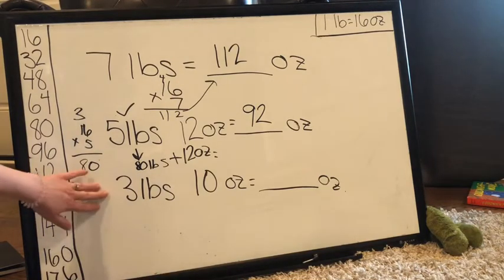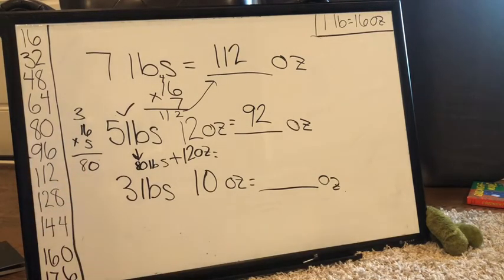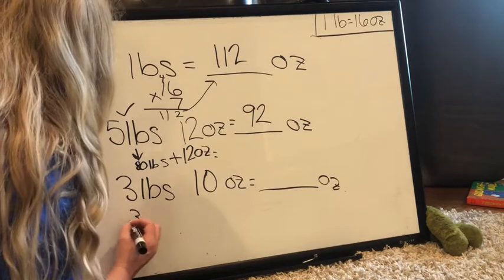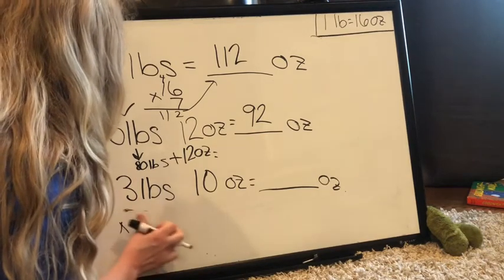I'm going to have you do this third one on your own, so go ahead and pause your device, and we will go over it in a second. All right, coming back. 3 pounds, we know that 3 times, oops.